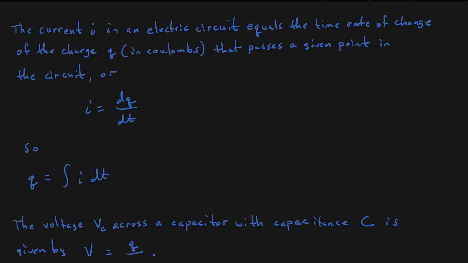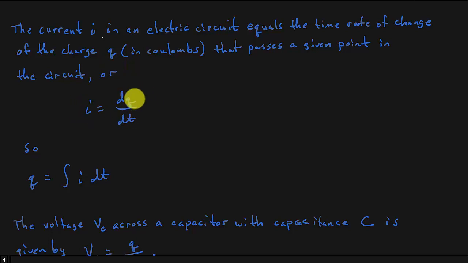So it says the current I in an electric circuit equals the time rate of change of the charge Q in coulombs that passes a given point in the circuit. Okay, so the current is the time rate of change of the charge.